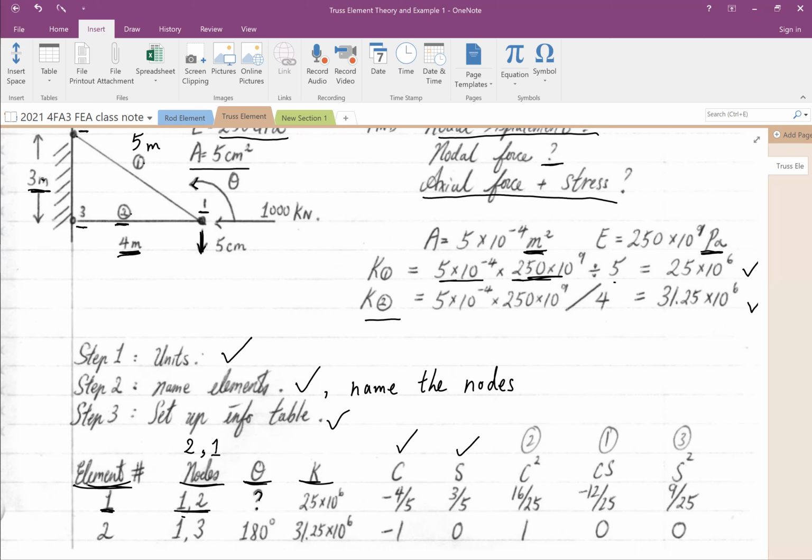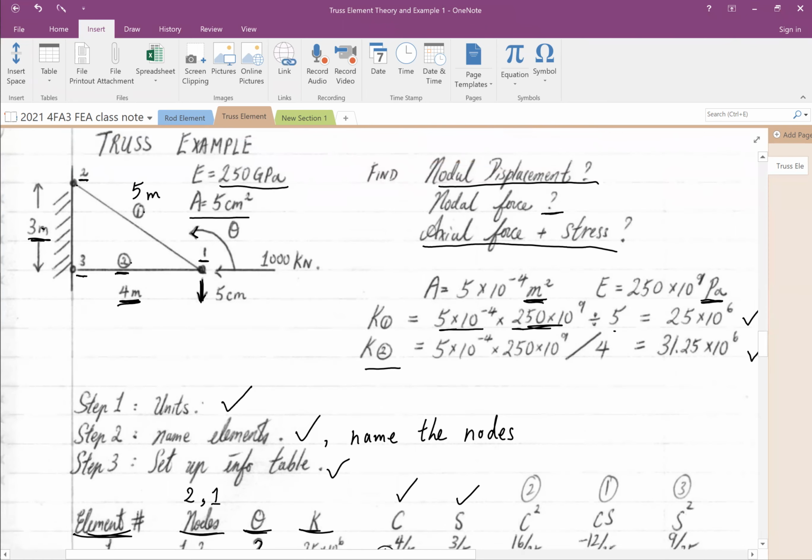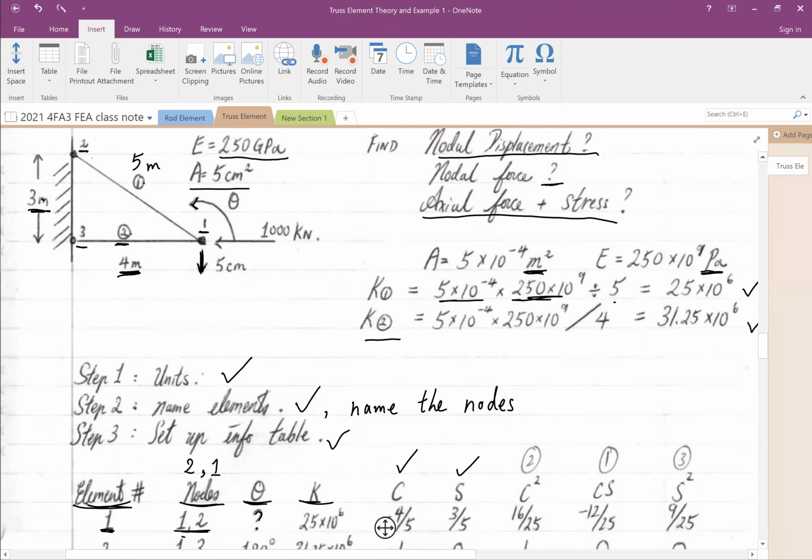For 2 to 1, the sine will be -3 over 5 because it's going downward. 2 to 1 is going down. So the sine will be -3 over 5, and the cosine will be +4 over 5.